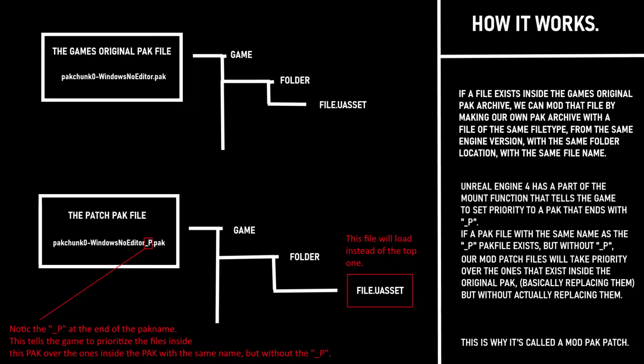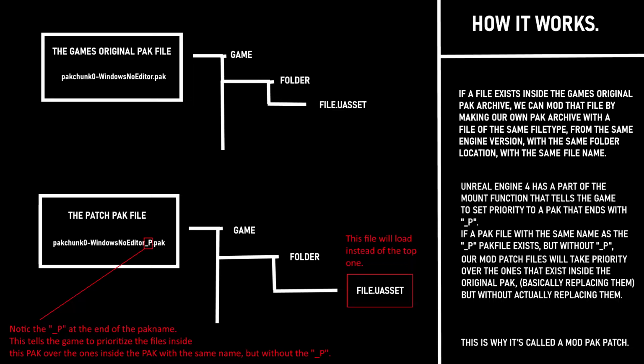Inside of that pack, we have a path that I made up here called game folder and then file.uasset. If you look at the bottom of the same picture, you'll see the patch pack file. The patch pack file's file name is packchunk0-WindowsNoEditor_P.pak.